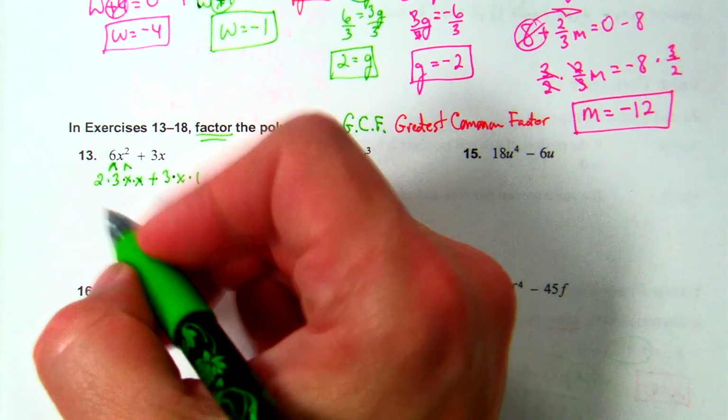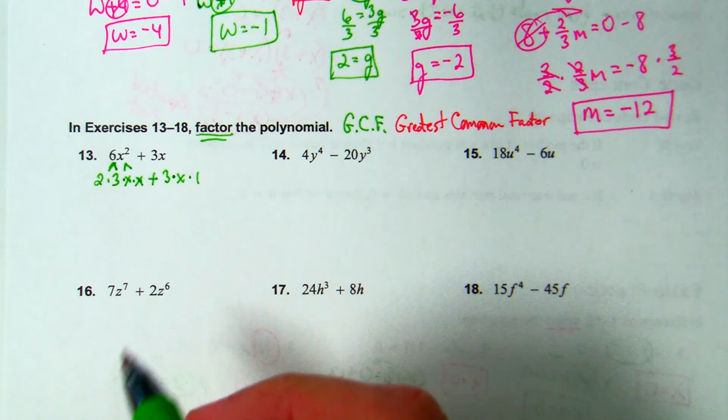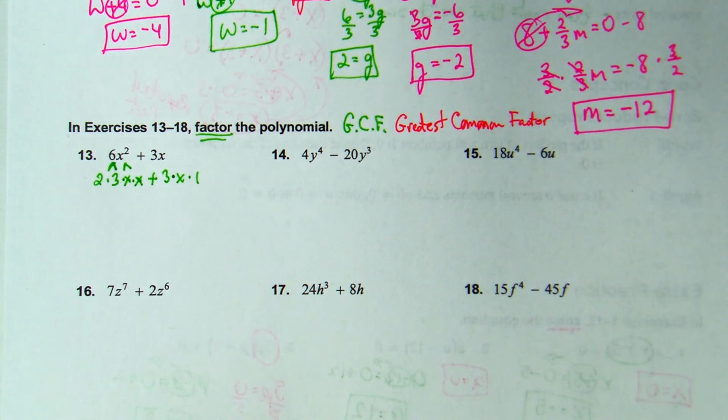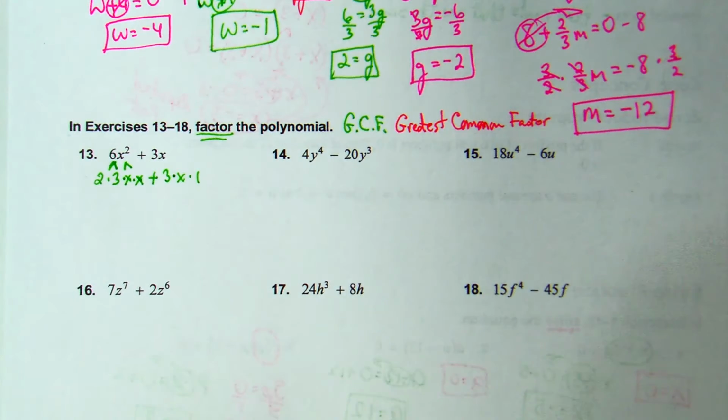So on this first one, what's the largest factor that's in both terms? A 3, if we're looking at the integers, and if we're looking at variables, what is in both terms? An x, right? So we have a 3, I'll draw a little circle around this.